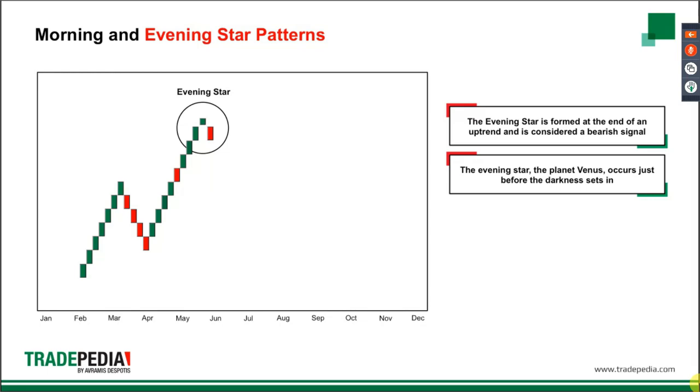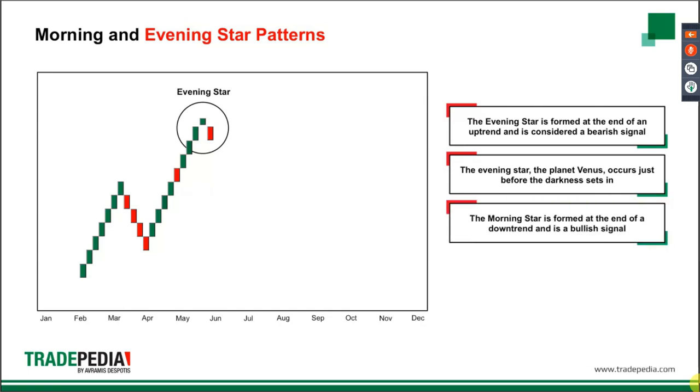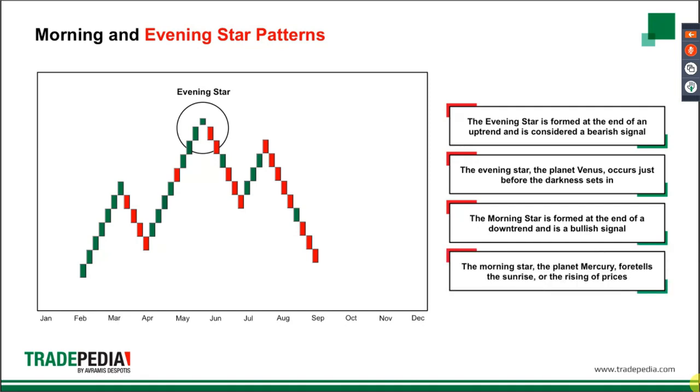And you also have the morning star. Morning star is the exact opposite of the evening star, so we'll go into that as well. For the morning star, it's formed at the end of a downtrend and usually it's a bullish signal. It's usually a reversal.